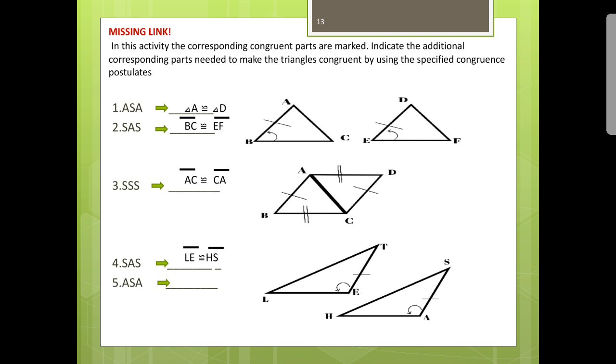So there is another congruent side, or the included congruent side, and that is side ET congruent to side AS. So therefore, the additional congruent angle is angle T is congruent to angle S.